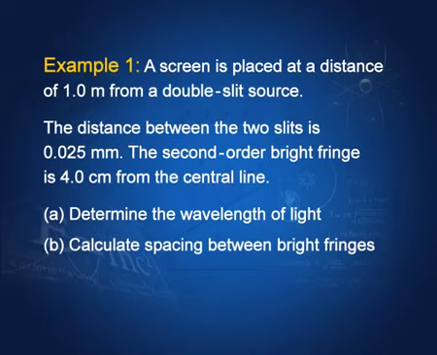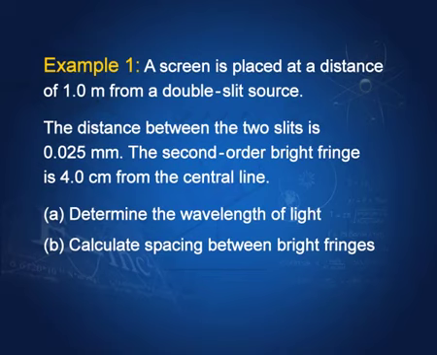Let us consolidate all that we have learned by a few examples. Example 1: a screen is placed at a distance of 1 meter from a double slit source. The distance between the two slits is 0.025 mm. That is the kind of distance between the two slits, small d.